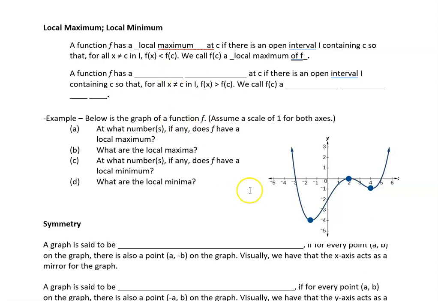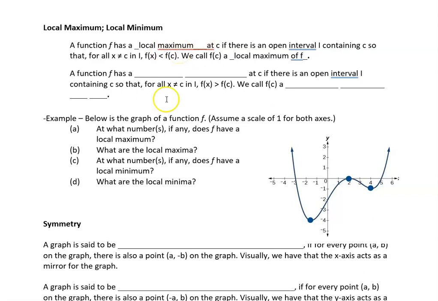Another way of thinking about it is it would be a mountain peak. Because if we look at our graph, you'll notice that this point is a mountain peak, or what looks like a mountain peak, because its y value is higher than any of the other y values around it. And that's what's meant by a local or relative maximum.